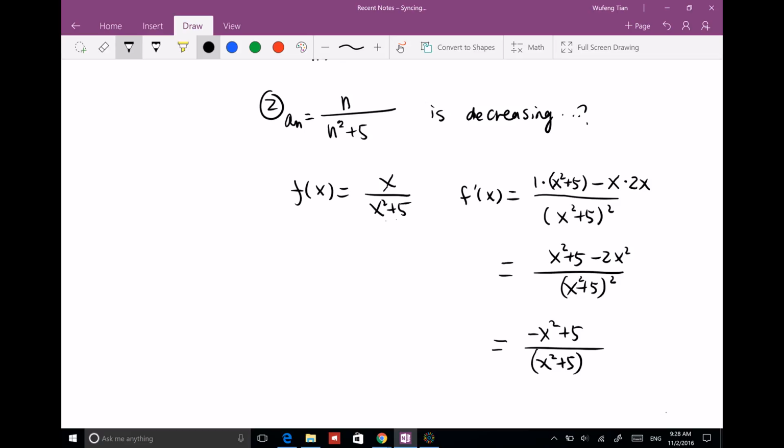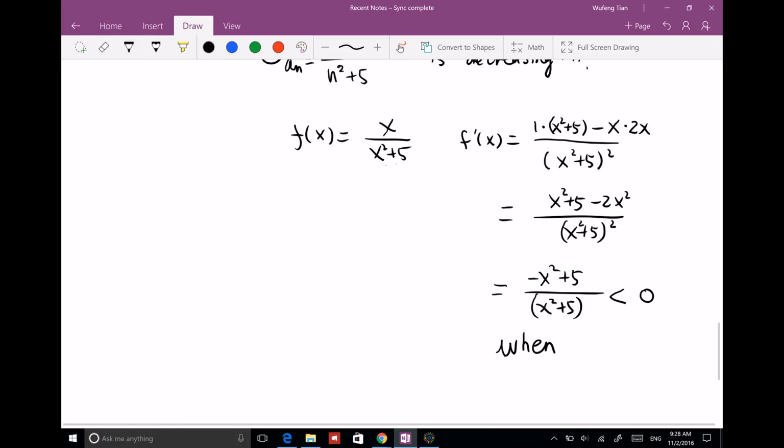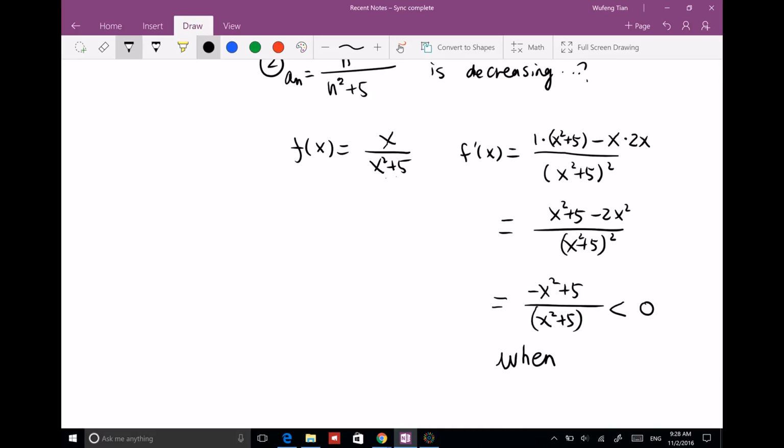Okay. Is this always less than 0? Would this be negative always, or under a certain condition? This is less than 0 when x has to be bigger than something, right?